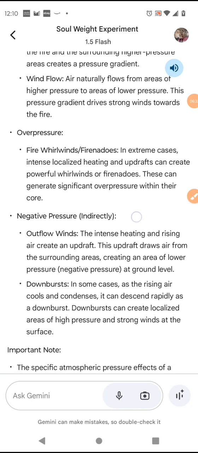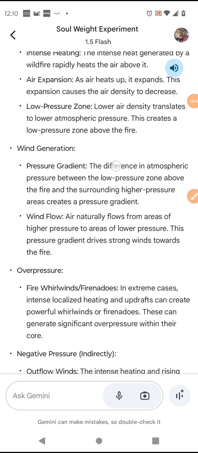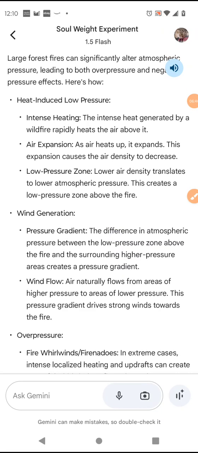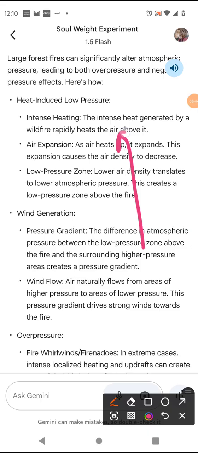All right, let's see if we can correct it on the first part where it says pressure, intense heating. The intense heat generated by a wildfire rapidly heats the air above it. The expansion of air expands. This expansion causes the air density to decrease. All right, it says air density decreases. Now let's see if we can do something with that.